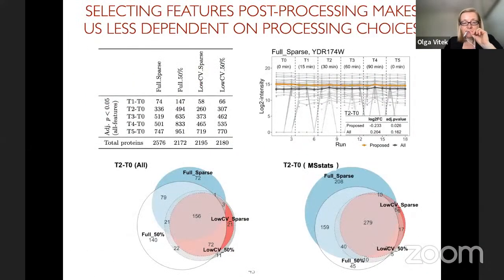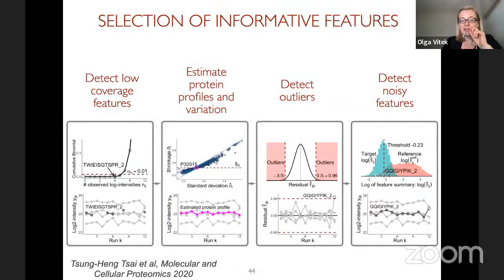Now, let me also say right away, we tried this, and because MSstats works with different acquisitions, we had to try it with different acquisitions. We tried this with DIA, DDA, and SRM. This type of workflow works best with DIA because we have a lot of features to learn protein profiles, to learn how much variation we expect to see, and so on.